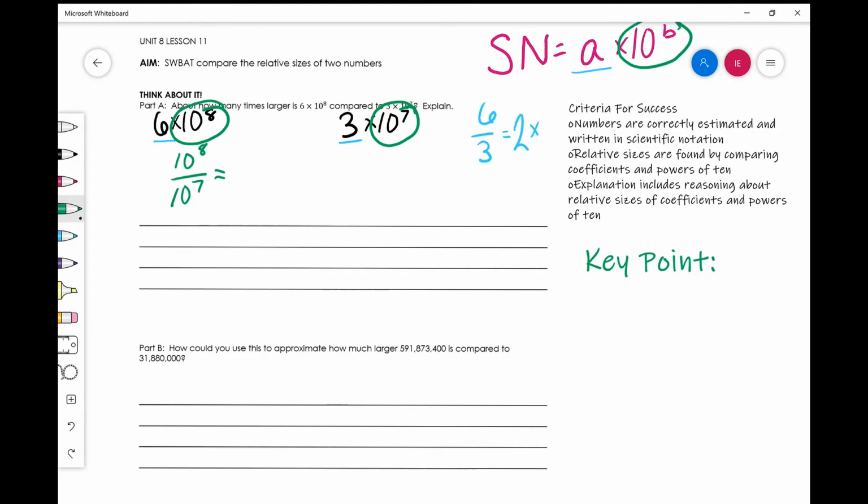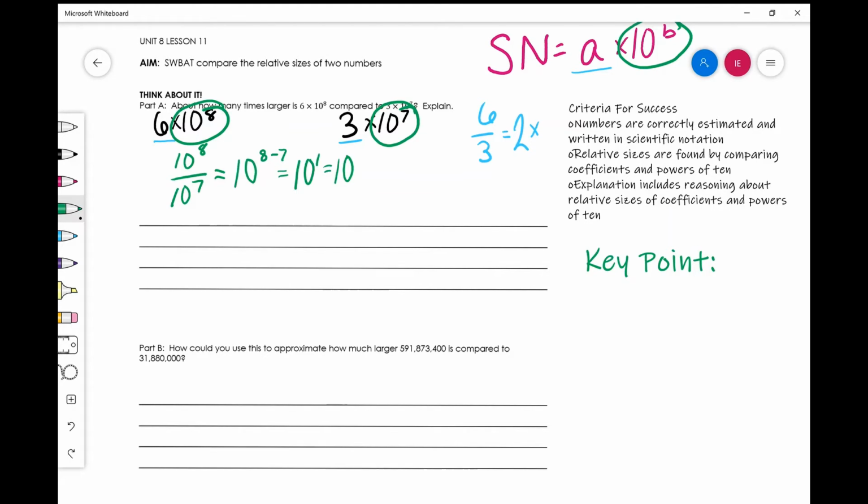I can use the exponent rules and know that when I'm dividing something by the same base, it's the same as subtracting those exponents. So I can see that I have 10 to the 8 minus 7, which is the same as 10 to the 1, or just 10. That means 10 to the 8th is 10 times bigger than 10 to the 7th.